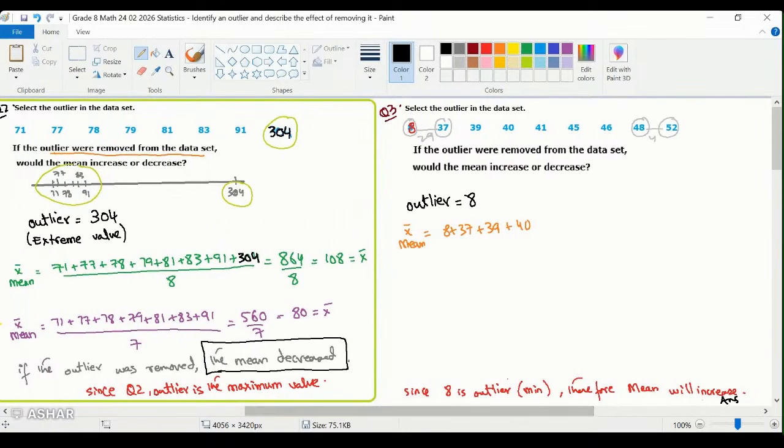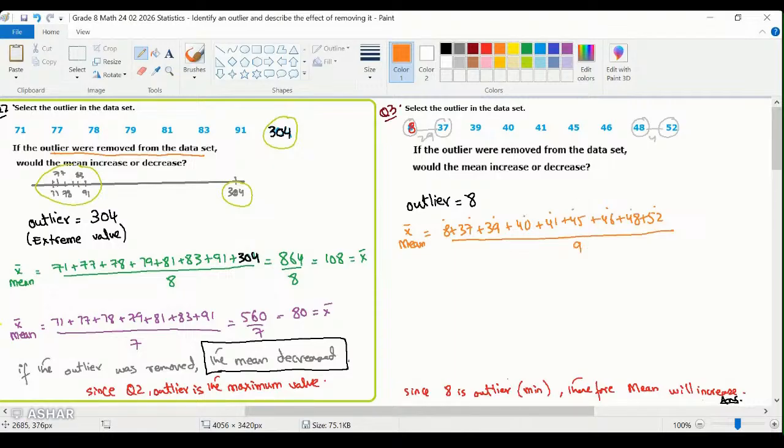Okay. 40 plus 41 plus 45, 46, 48 and 52. How many numbers were there? 1, 2, 3, 4, 5, 6, 7, 8, 9 numbers.